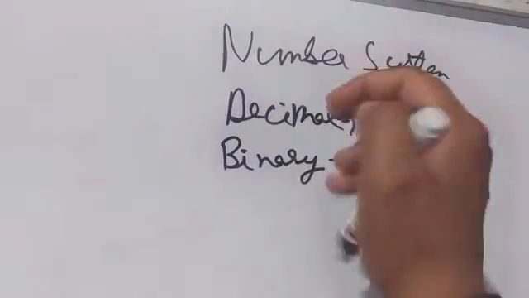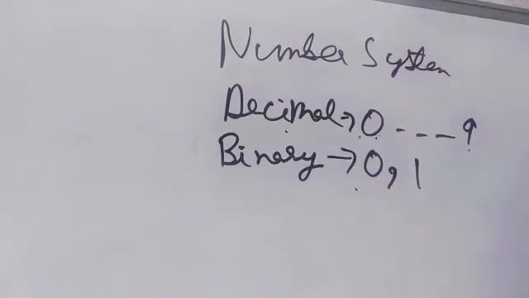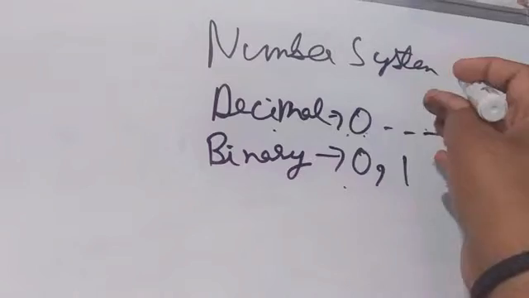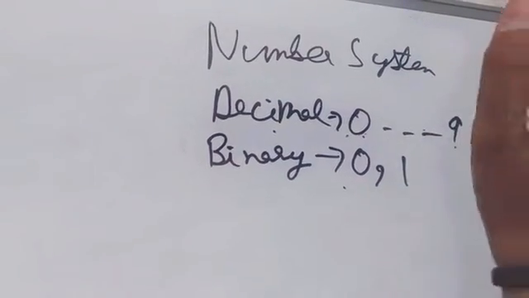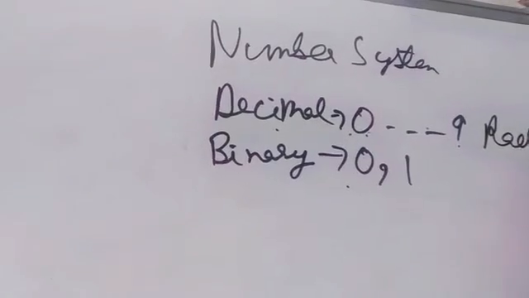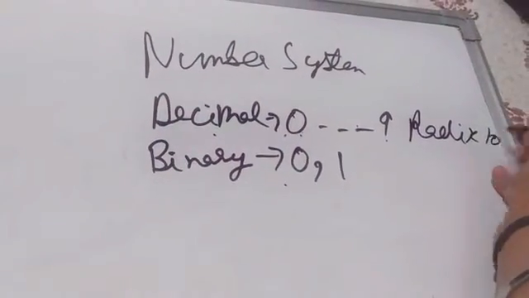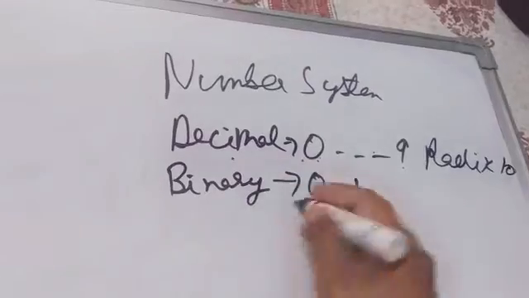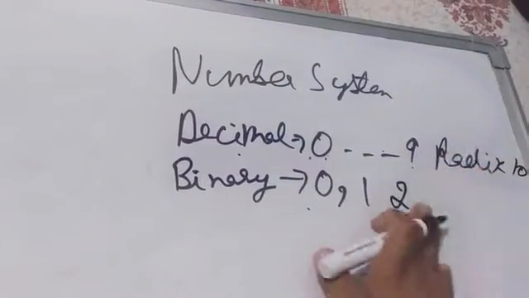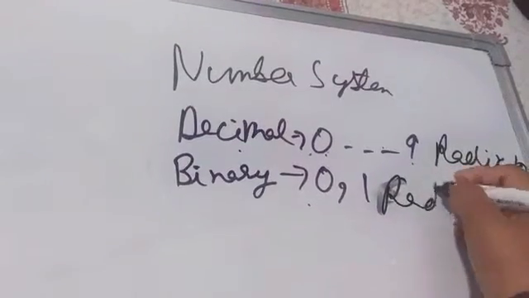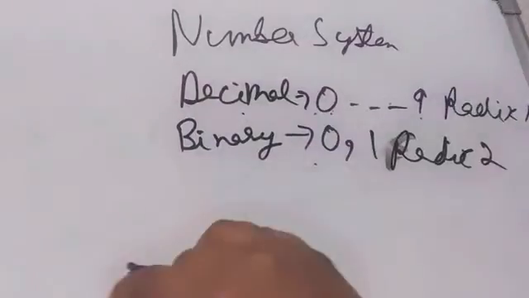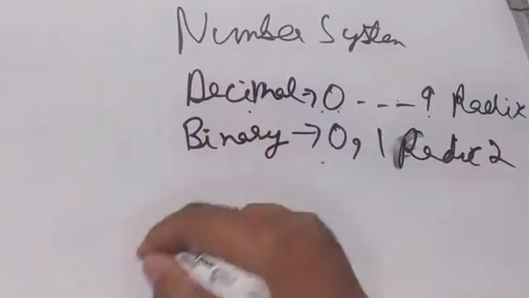In the decimal number system, there are 10 numbers, starting from 0, 1, 2, 3, 4, 5, 6, 7, 8, 9. So overall 10 valid digits are there, so its base or radix is 10. And in the binary number system, only 2 numbers are valid, so its base or radix is 2, right?